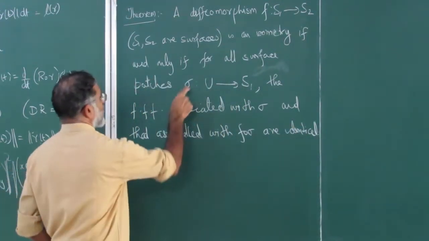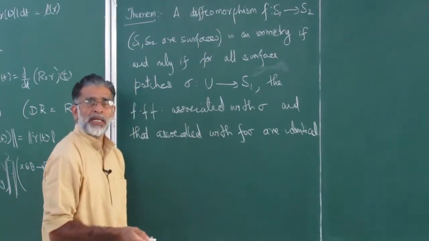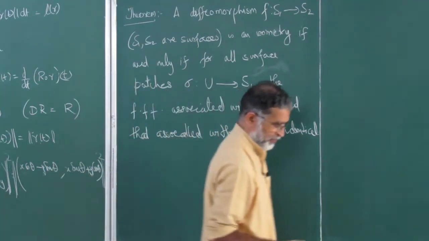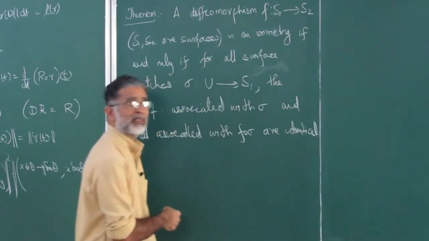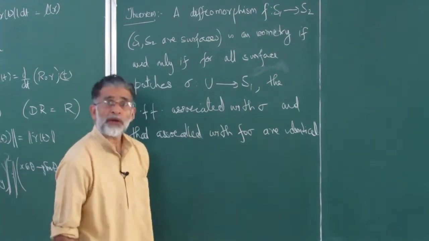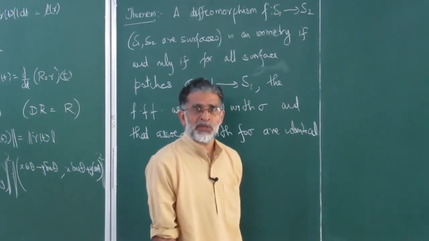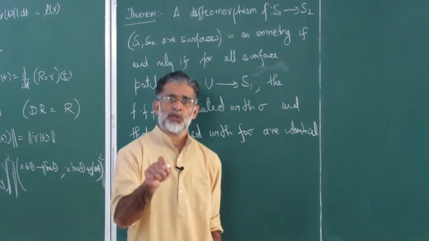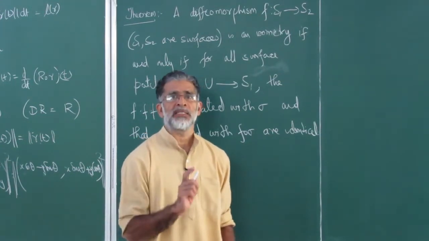That means if the first one is E du square plus 2F du dv plus G dv square, and the next one is E tilde du square plus 2F tilde du dv plus G tilde dv square, then E is equal to E tilde, F is equal to F tilde, and G equal to G tilde.